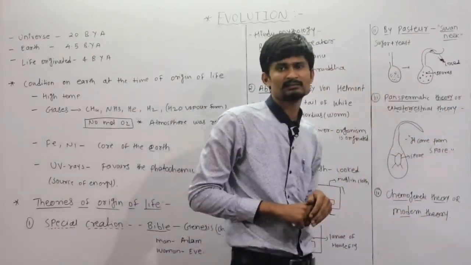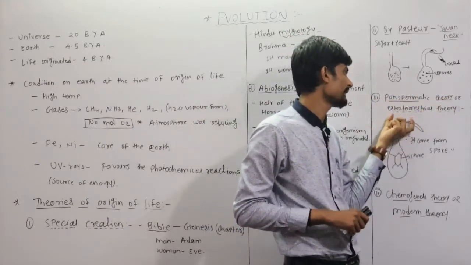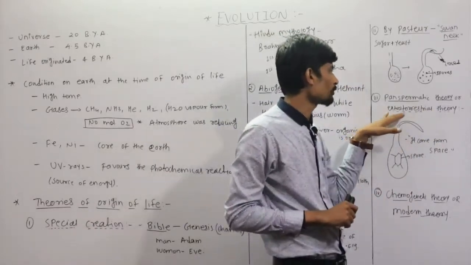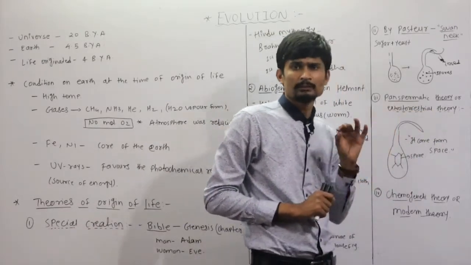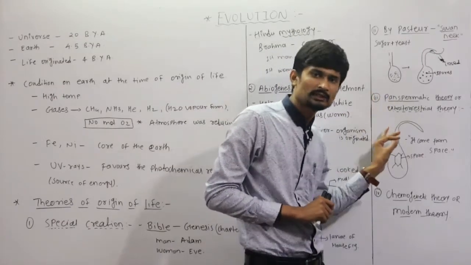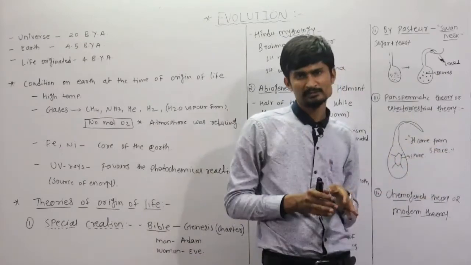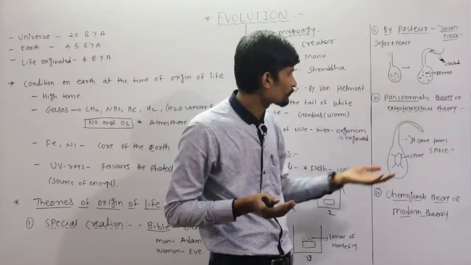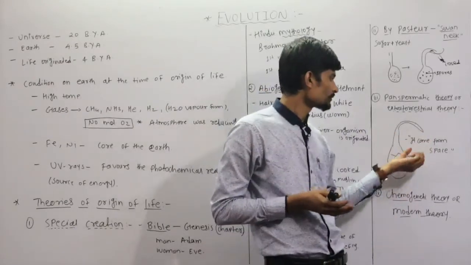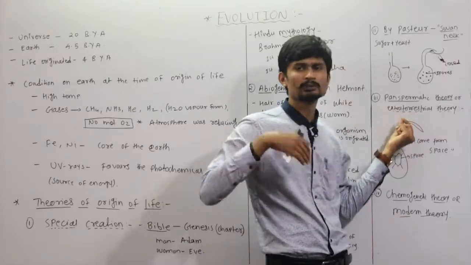Then another theory is the Panspermia theory, or extraterrestrial theory. Why is this called the extraterrestrial theory? Because according to this theory, the life came from space, meaning life did not originate on the terrestrial medium, so away from the land.